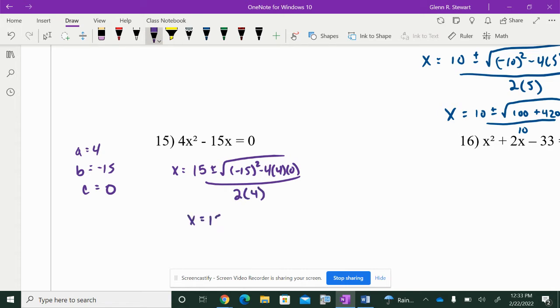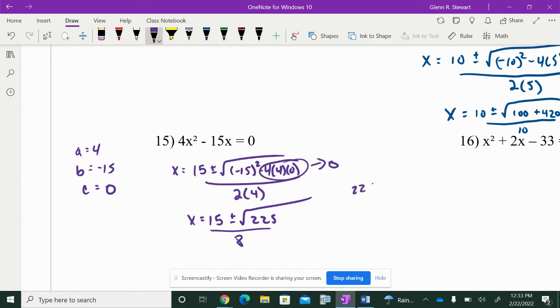So x is equal to 15 plus or minus the square root of 225. Double check that. Yeah, 225. And then all of this becomes 0 because it's all multiplied by 0. All over 8.